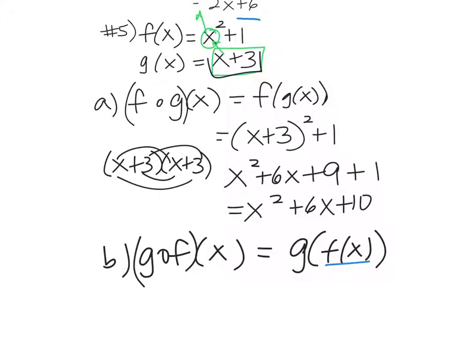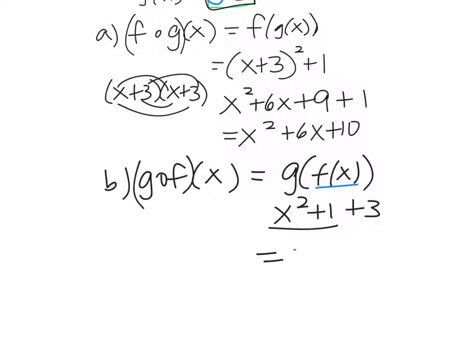This f of x is right here. It's x squared plus 1. We're going into here and replacing that x with x squared plus 1 now. So that I get x squared plus 1 plus 3. See how it was x plus 3? I replaced that x with x squared plus 1. And then I combine like terms. This one's easier. x squared plus 4.